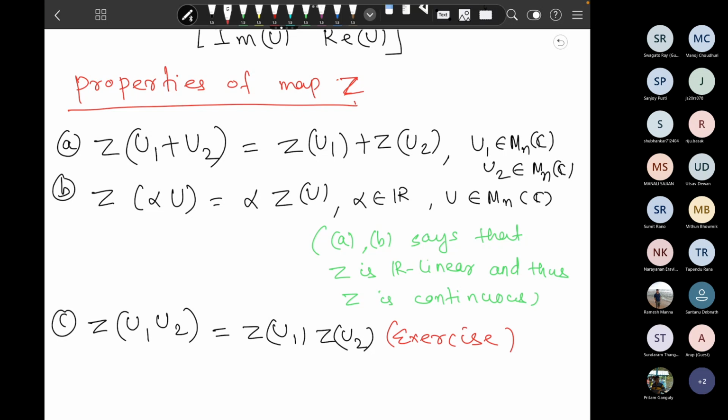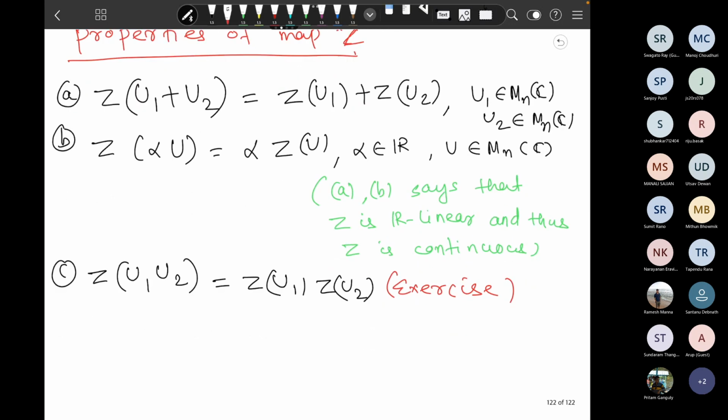You know the expressions of Z U1 and Z U2, multiply, and verify it. This is a simple computation, but my suggestion is to do it without using the calculation. This property C is very important. So D: Z of e to the power U is equal to e to the power Z U. This will follow if you use A, B, C.